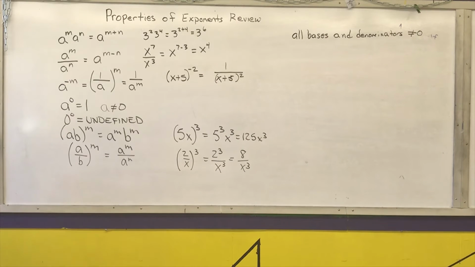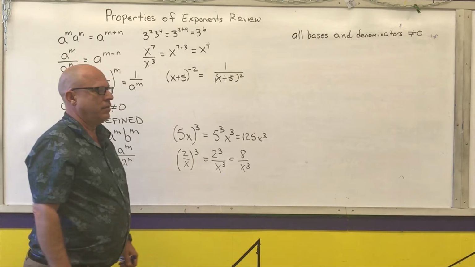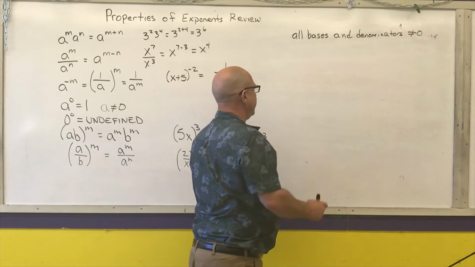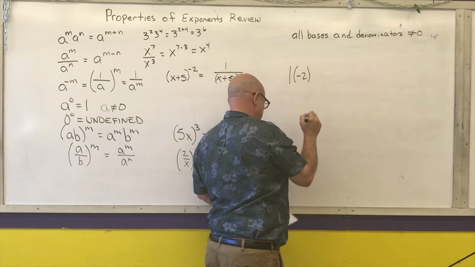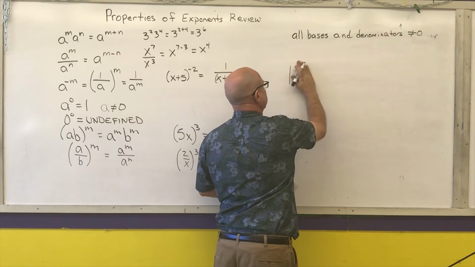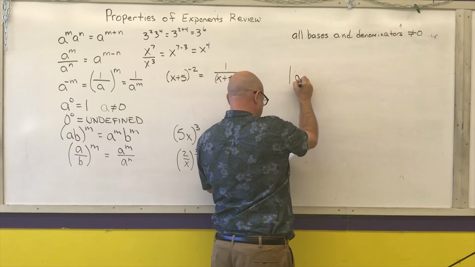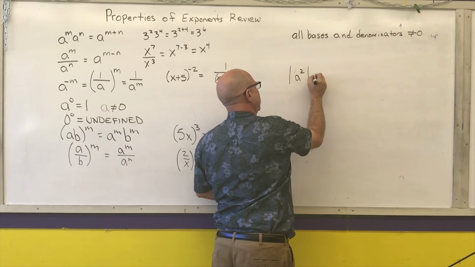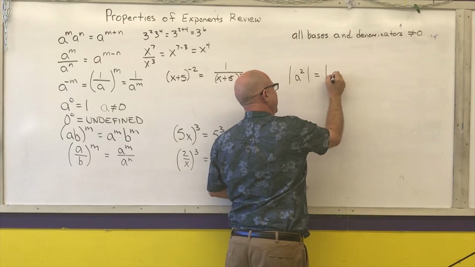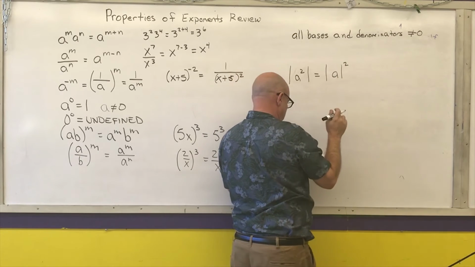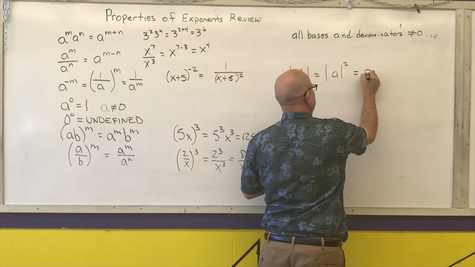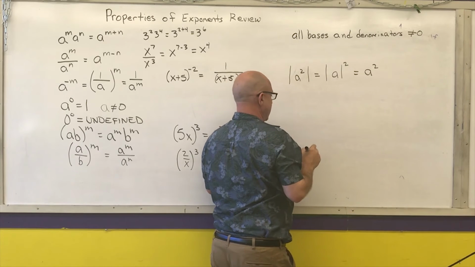And the last one that I did not cover in Algebra 1 or 8th grade math: absolute value of something squared is the same thing as squaring the absolute value of that something, which is going to be identical to that something squared.